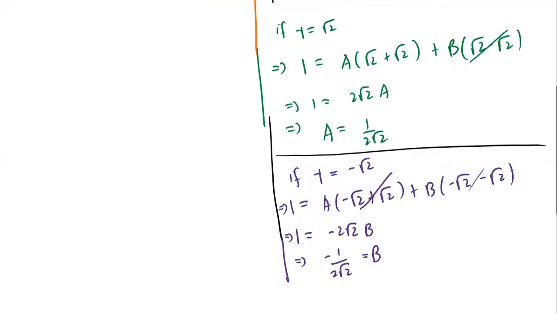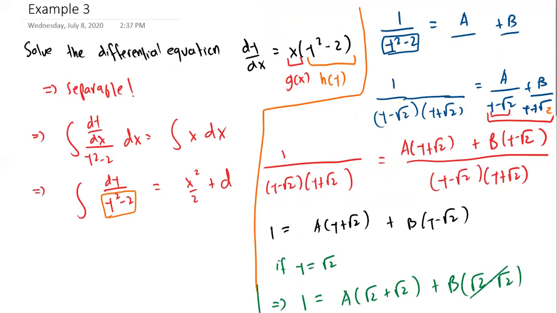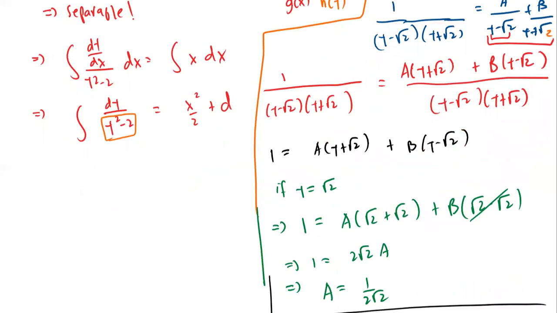So now we found A and B. Now we know how to write 1 divided by y squared minus 2 as this sum of fractions. So let's plug that into this integral. We have the integral of 1 over y squared minus 2.